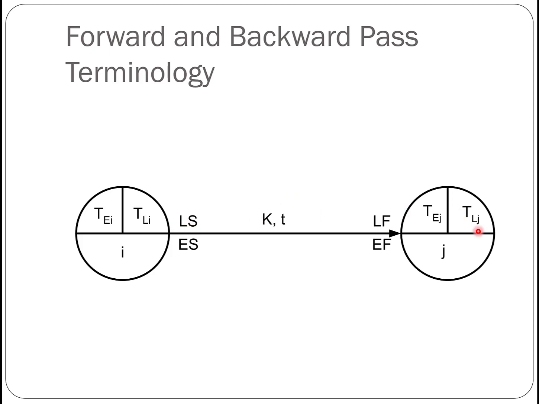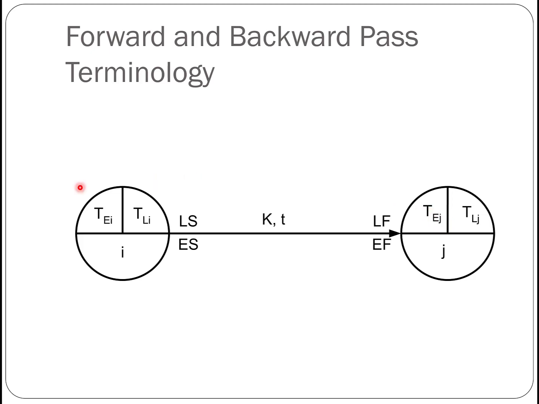And for those circles, those nodes that represent the events, we also have their event times. And you can see for each event, we have their late time and early time. Recall that a node here represents the completion of activity K. So this event is saying what is the latest time this event can happen, or what is the latest time that K can be completed, and what is the earliest time that K can be completed.